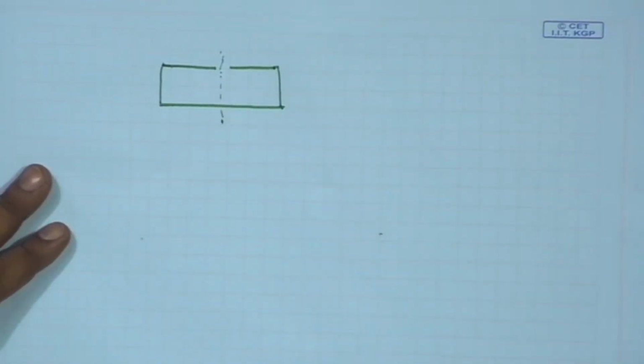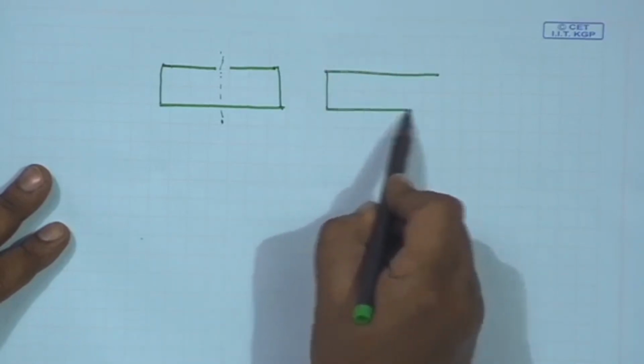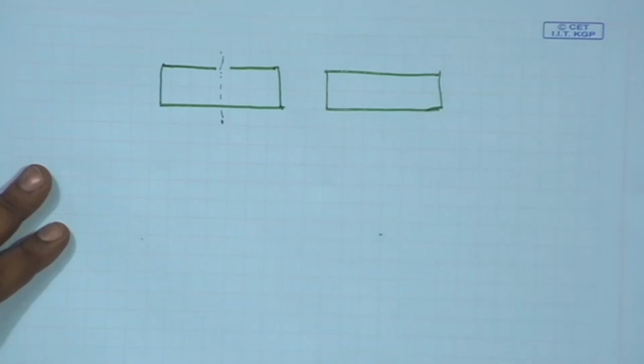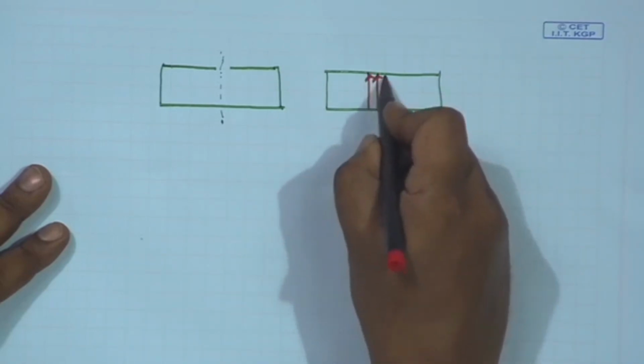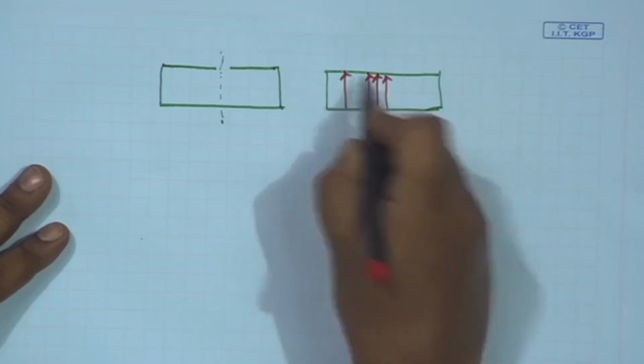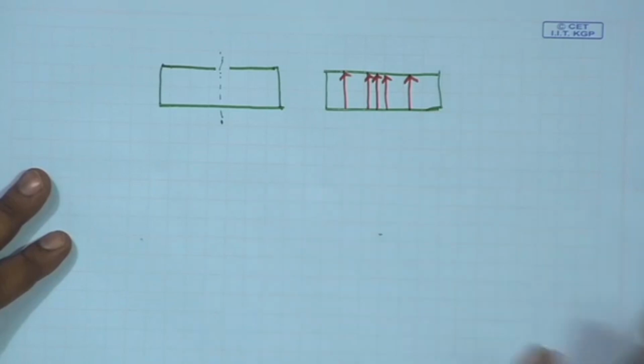Why? Let us see the field configuration of the TE10 mode. We have electric field maximum on the central plane and it varies sinusoidally. On the side walls, it is 0.